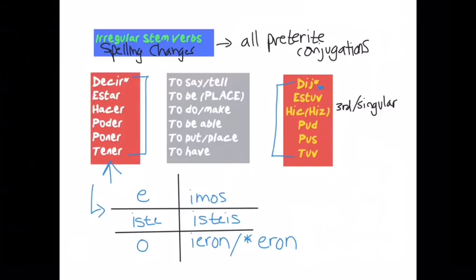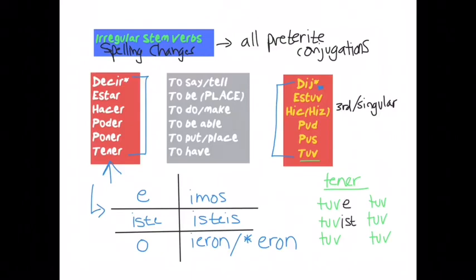So let's take tener for an example. We know tener's new stem is tuv, T-U-V. So I'm going to use that for each of my conjugations and add my endings after that. If I start with the stem, it's easier to remember not to forget to make it irregular. So once I've got tuv in all my conjugation spaces, then I can go back and add the endings from this chart.